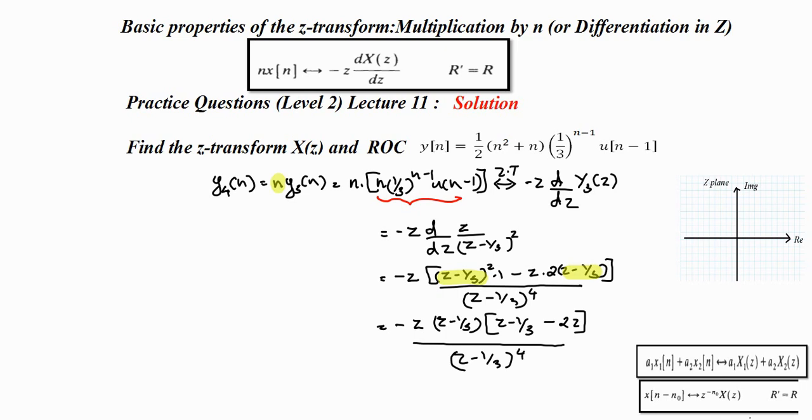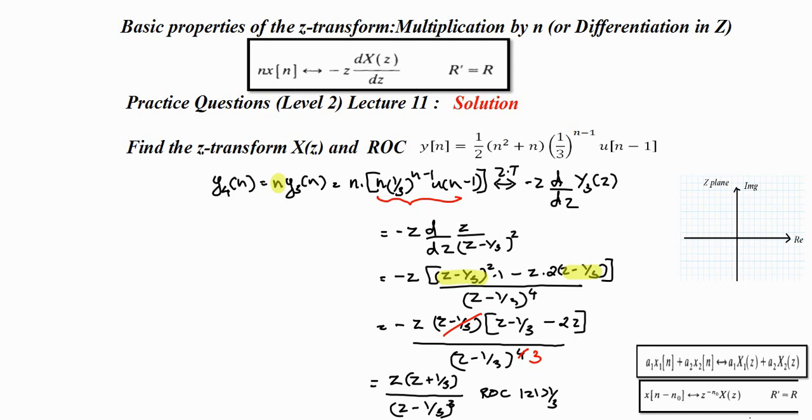Now we can cancel these two terms and it becomes 3, and the final answer will be like this: z by z plus 1 by 3 divided by z minus 1 by 3 the whole cube, and the ROC will be same, modulus of z greater than 1 by 3.